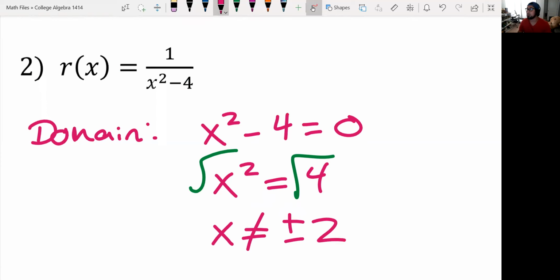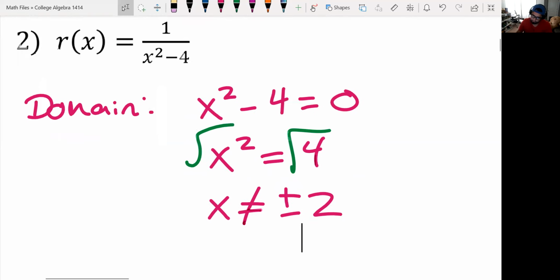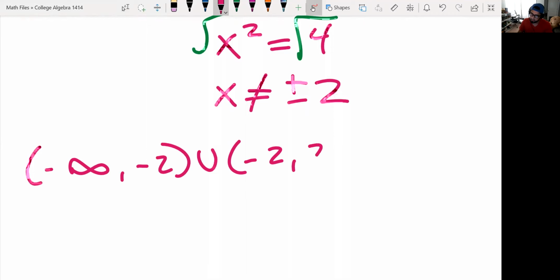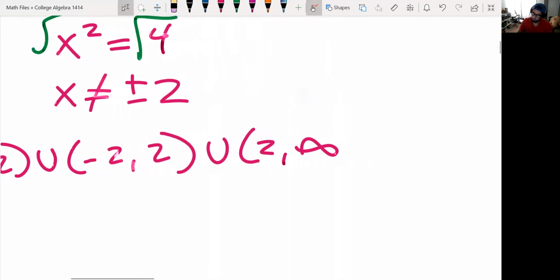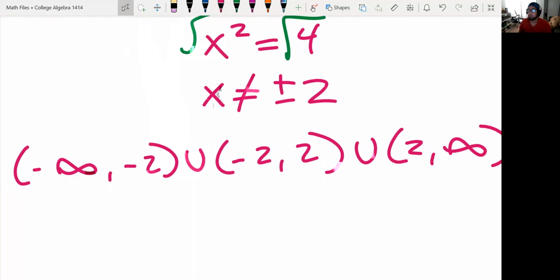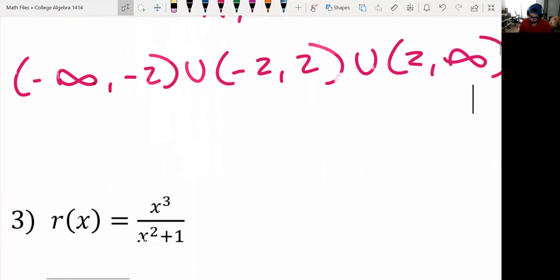So that is the domain for this rational function. In interval notation, -infinity to -2, union -2 to 2, union 2 to infinity. Okay, perfect. Not bad. Kind of just a refresher, right?